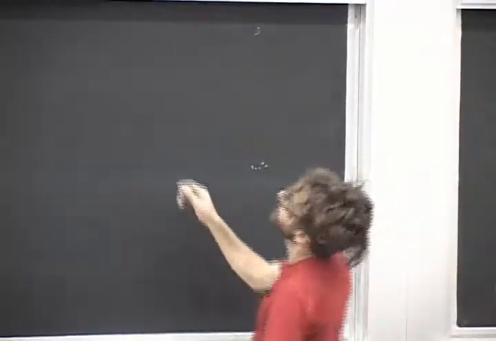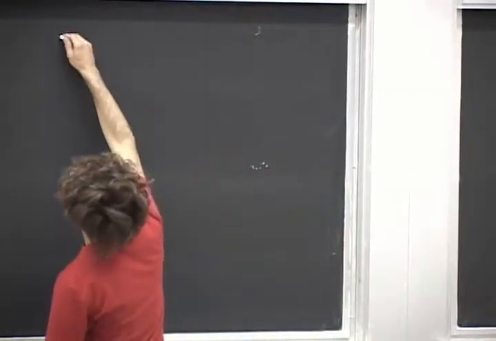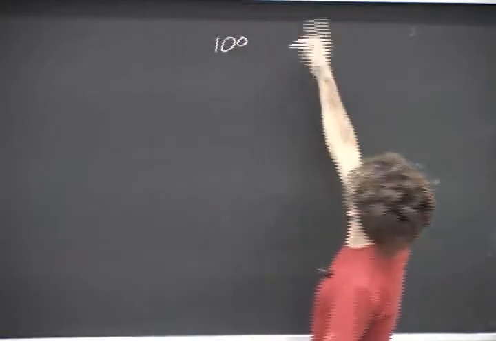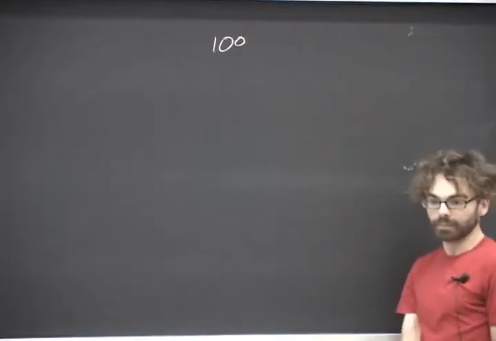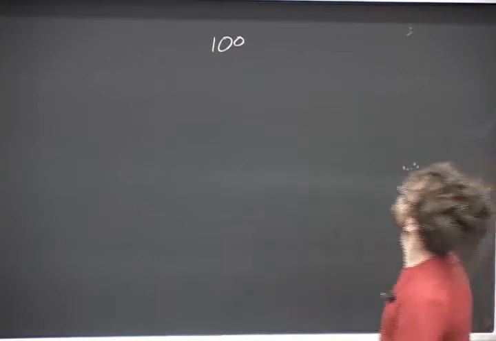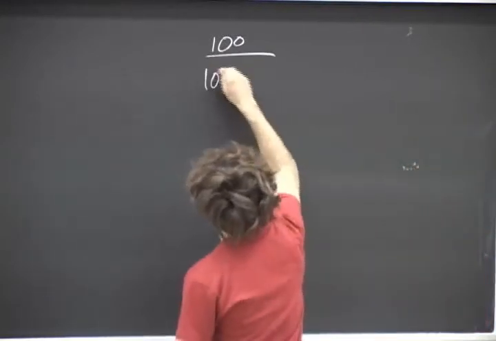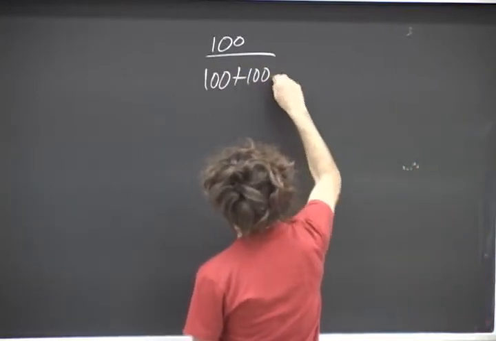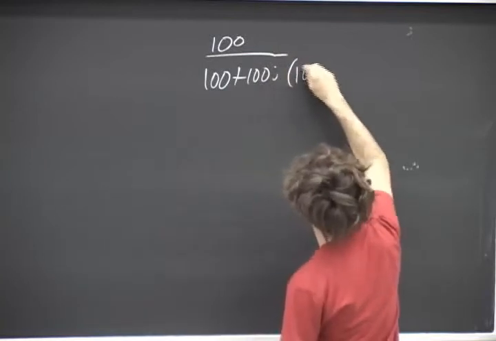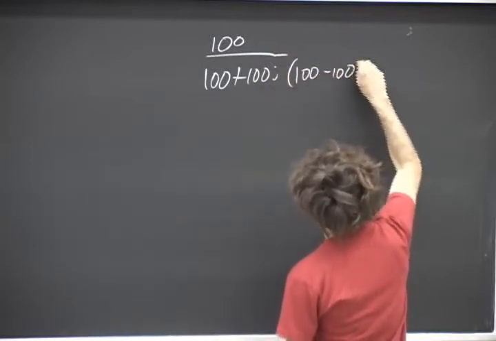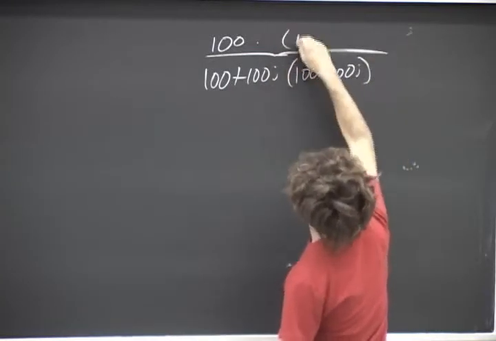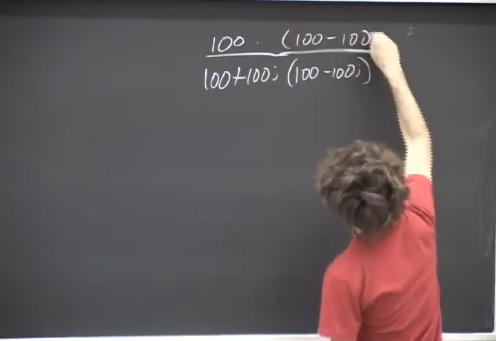So let's try the complex conjugate way instead. Because what's our ultimate goal here? It's to get it as one big complex number. So let's try it a different way. Okay, so let's try this. Where's 100j?